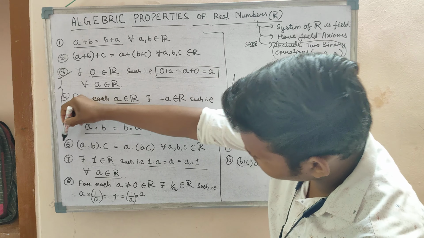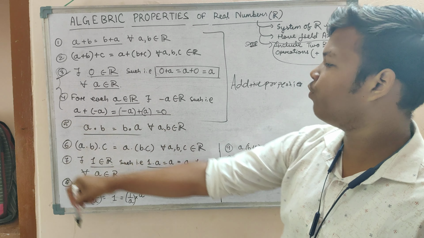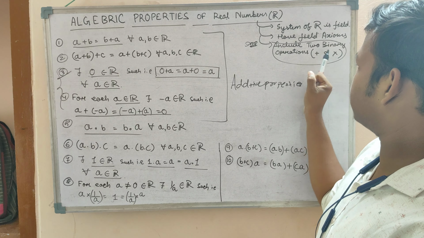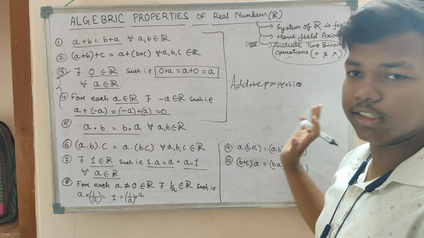Then 5, 6, 7, 8, these 4 properties are binary operations on multiplications.